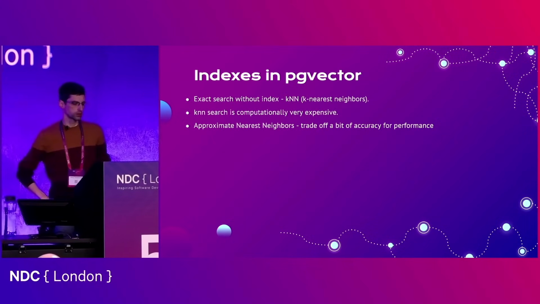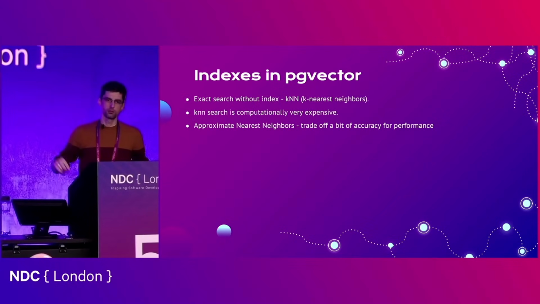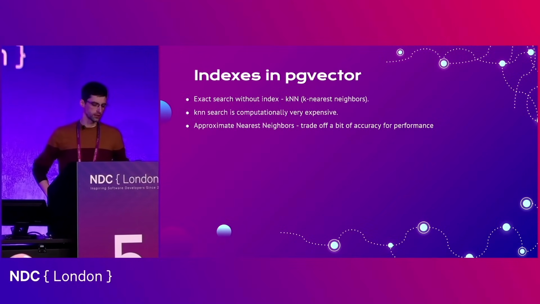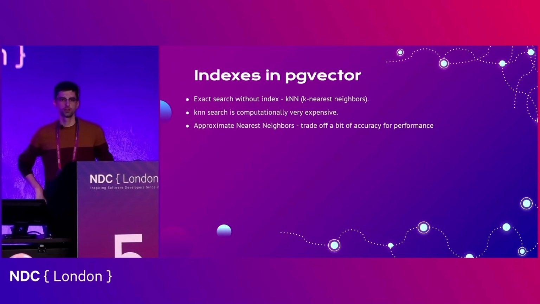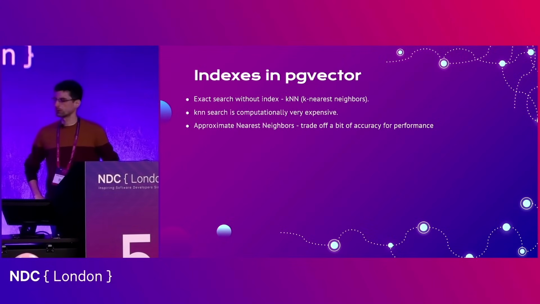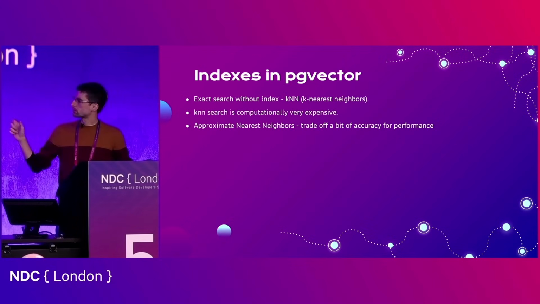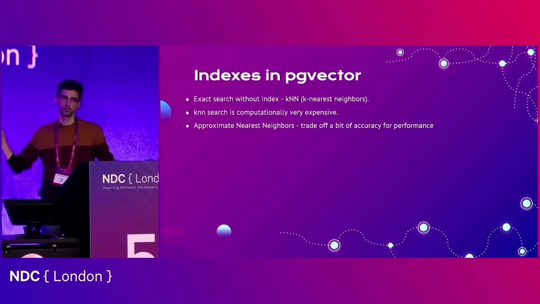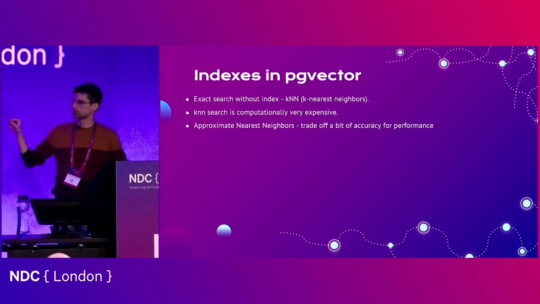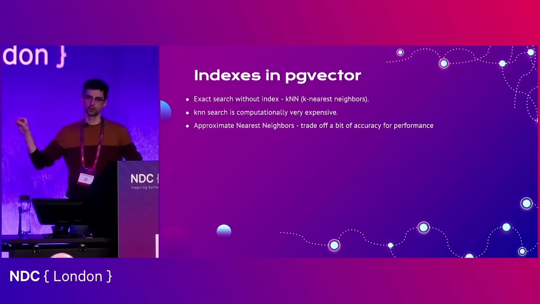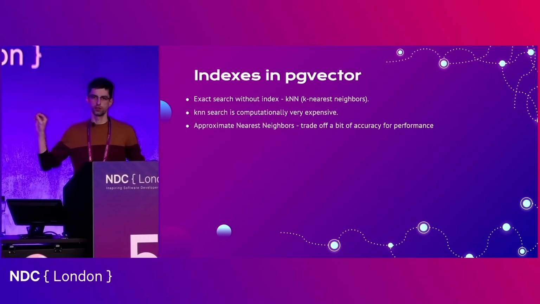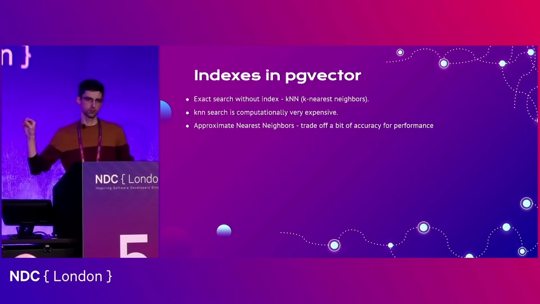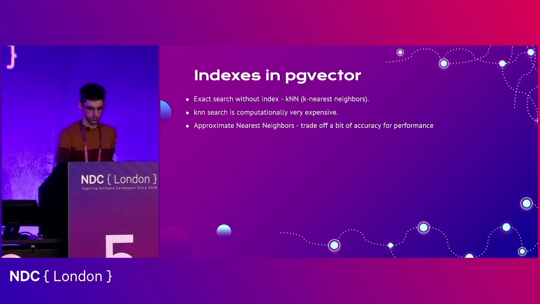So the solution to this problem is to use approximate nearest neighbor, or ANN, which trades off a bit of accuracy for performance. But the accuracy that we lose is very, very little, and we get like 99% accuracy, but we get a lot of savings in computational power.